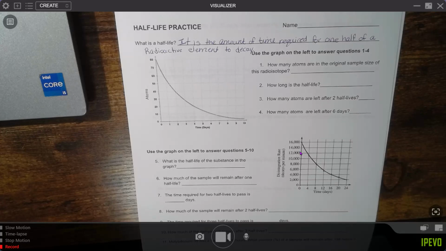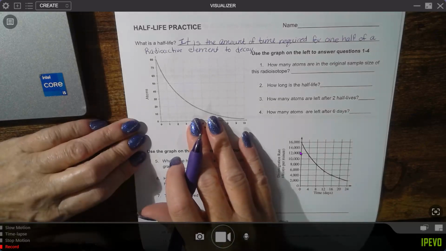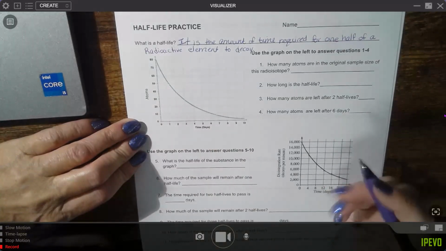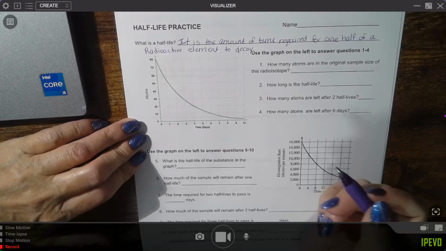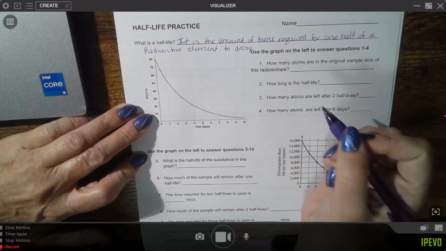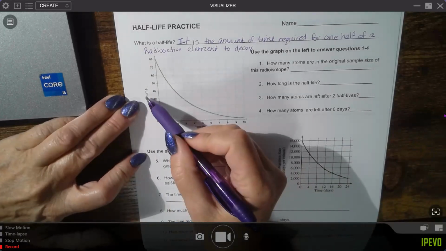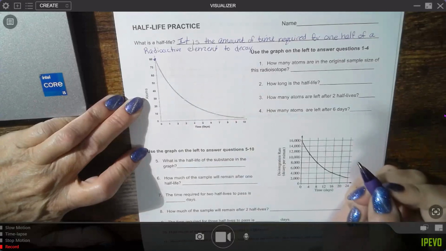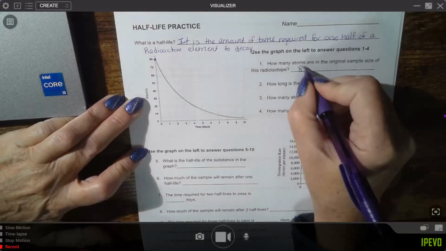And it turns out that half-lives can range from anywhere to seconds to thousands of years. Okay, so if you look at this graph, this is a graph you might see if you were looking at half-life. We're measuring atoms. So we start up here with 80 atoms.